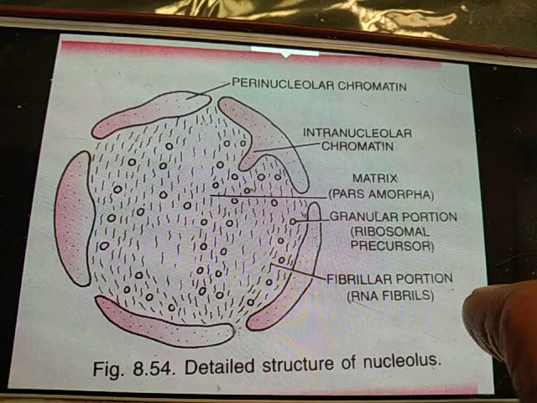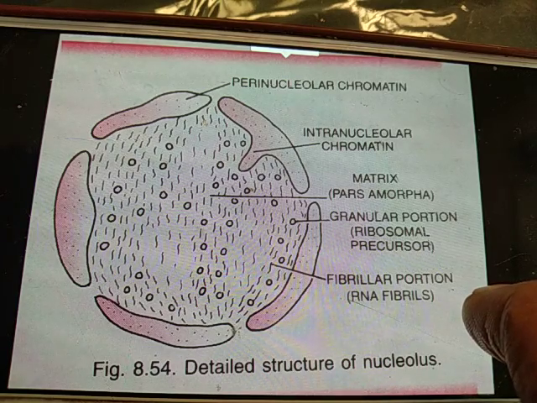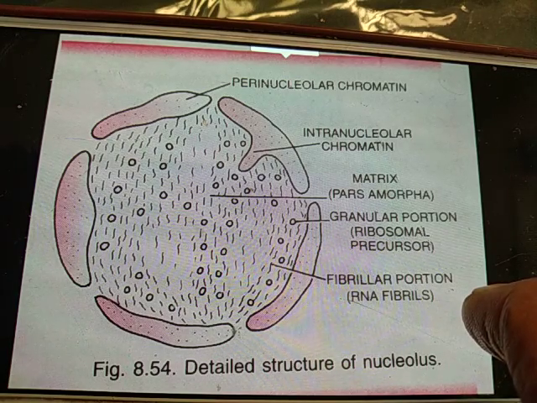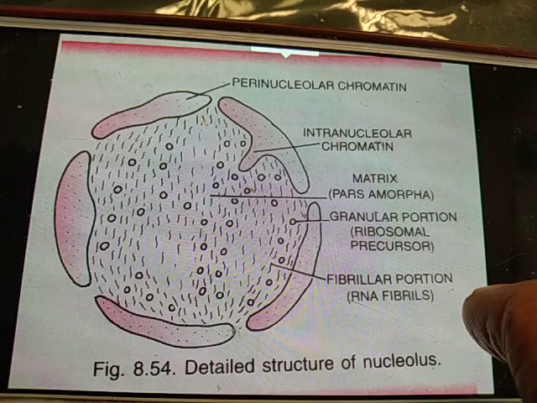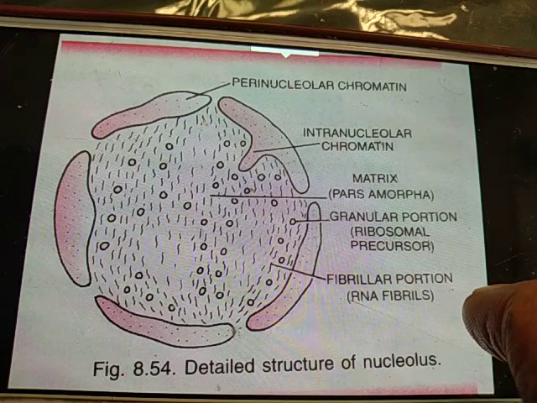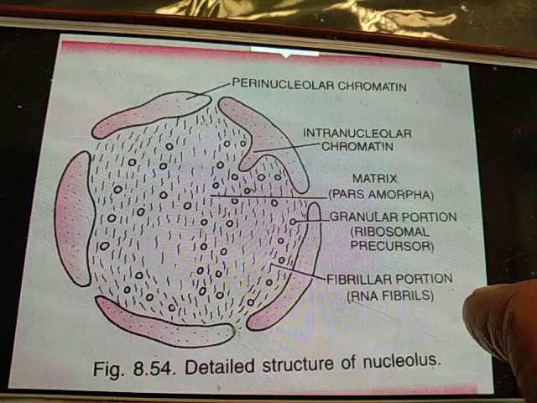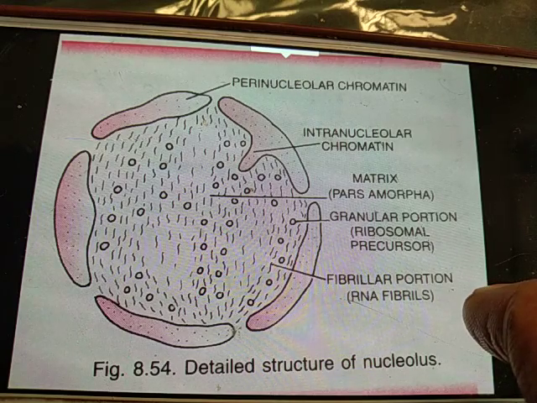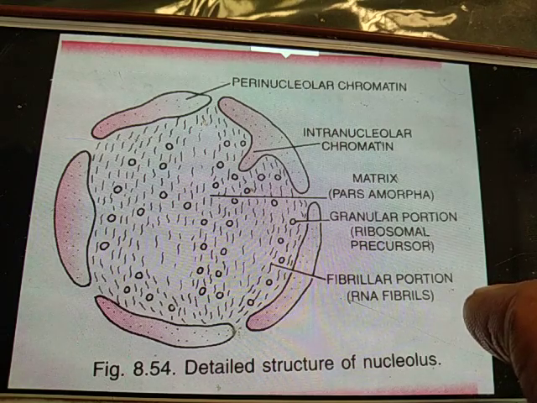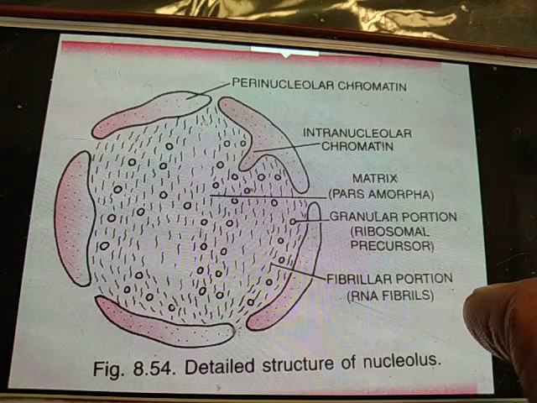Now next is the chromatin portion. It is part of chromatin which is associated with the nucleolus. Depending upon its position, nucleolar chromatin is of 2 types: perinucleolar and intranucleolar. The perinucleolar chromatin lies around the periphery of the nucleolus.